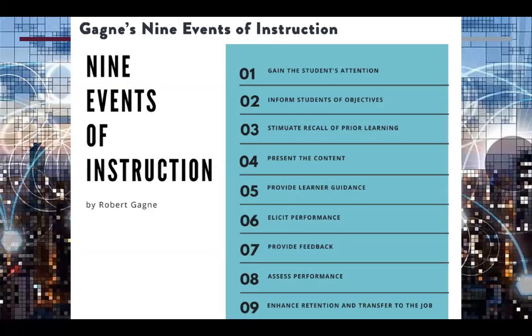The first one is gaining the students' attention, inform students of objectives, stimulate recall of prior learning, present the content, provide learner guidance, elicit performance, and then provide feedback, assess the performance, and then enhance retention and transfer to the job. So these are the 9 steps you have to follow if you are going to use this instructional design model. Let's have a look at the meaning of all these 9 steps.